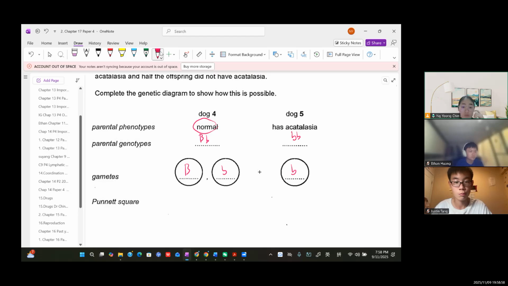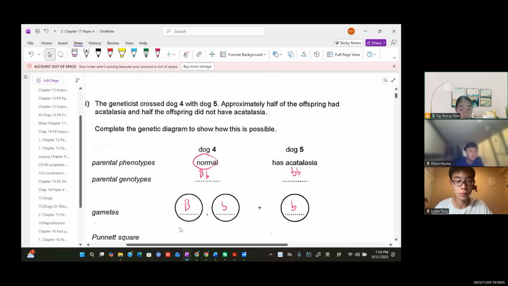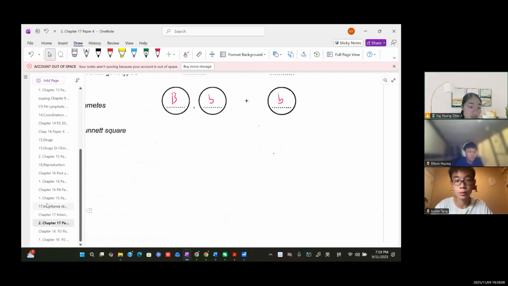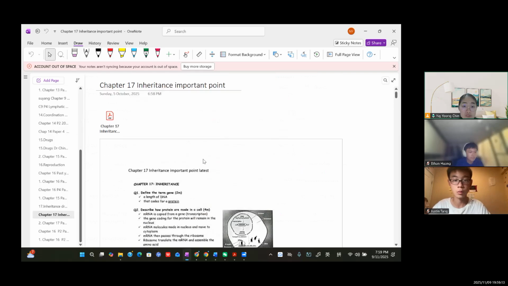And then you need to draw the Punnett square, okay? How can you draw the Punnett square? This is number 2. The Punnett square is just referring to this one. Let me show you an example of the Punnett square.